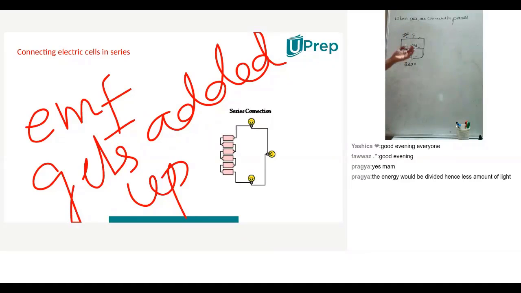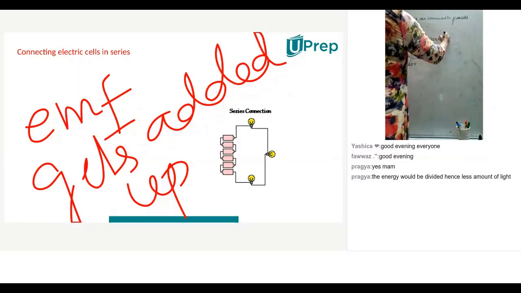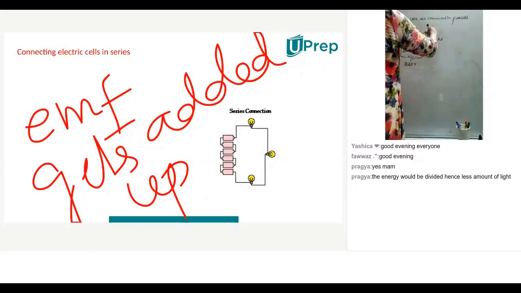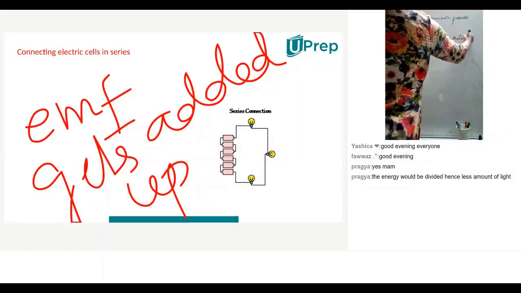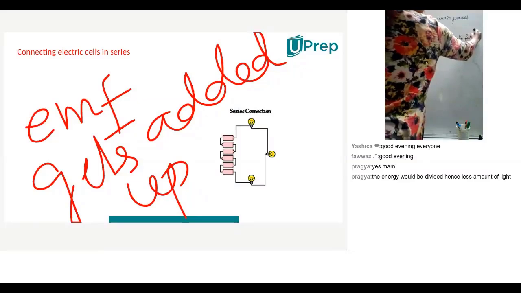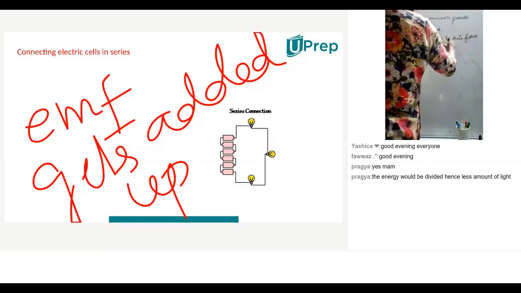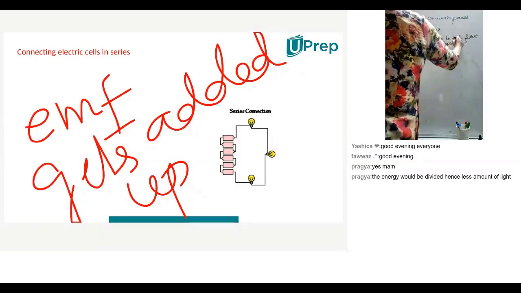And depending on the resistance, they have their own current flowing through them and will work to their fullest capacity. So I'm writing here, appliances work to their fullest capacity.